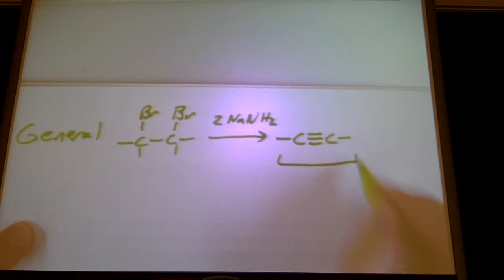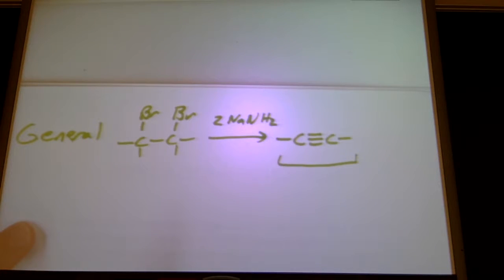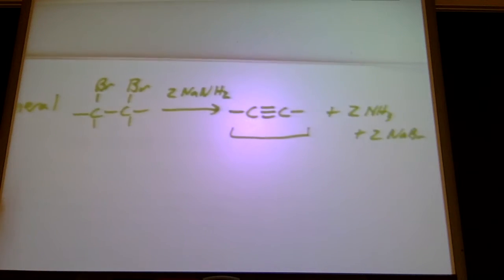That is the product that you'd want to show on the exam. The byproducts of this would be 2 molar equivalents of ammonia and 2 molar equivalents, in this case, sodium bromide. Depends on what your counter ion is here.